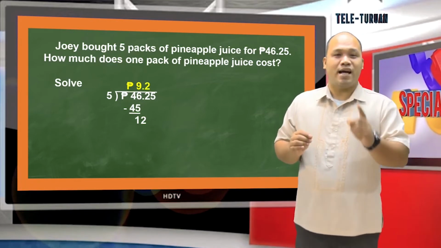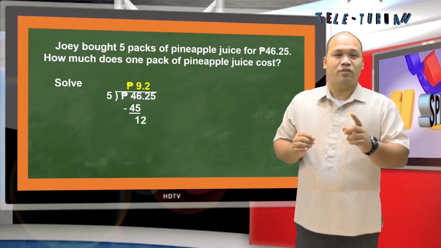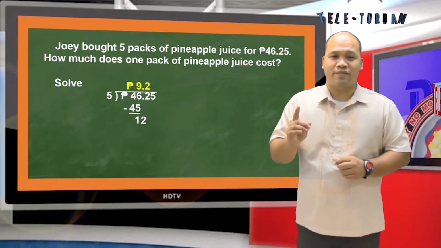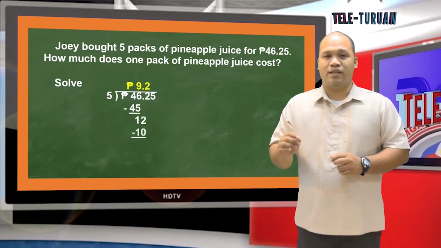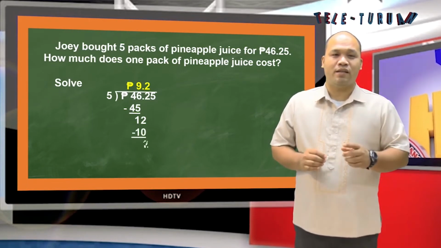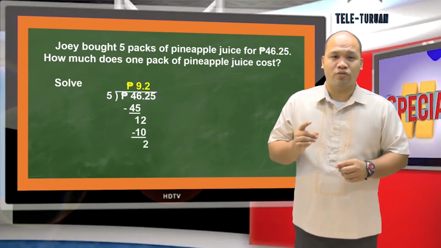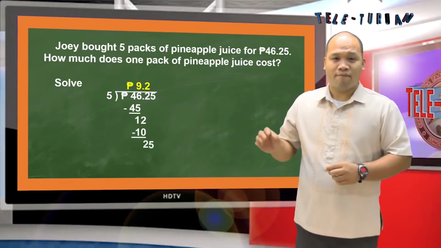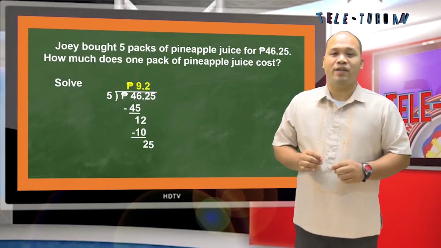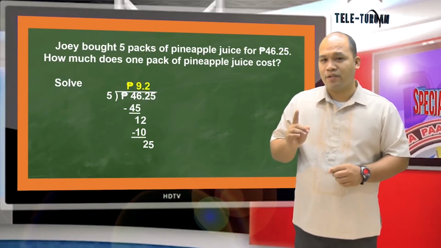Right. The answer is 2. We place the decimal point in the quotient. So 5 times 2 is equal to 10. And 12 minus 10 is equal to 2. So we bring down 5. So it becomes 25.